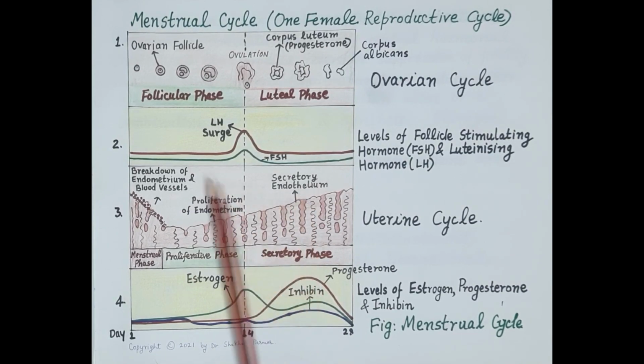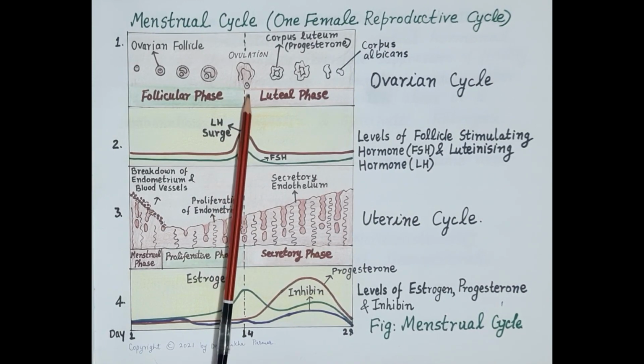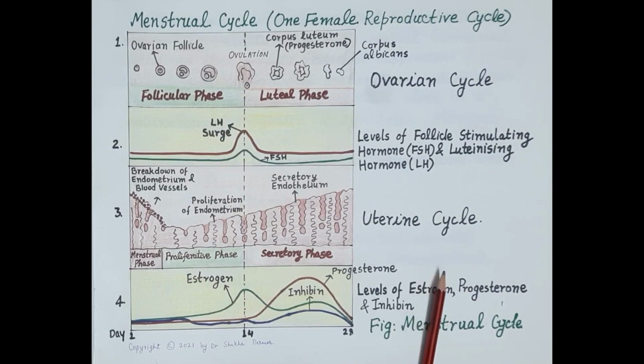Apart from this, as we have already discussed, follicle stimulating hormone is required for the development of ovarian follicle, whereas luteinizing hormone is primarily responsible for the rupture of ovarian follicle and the release of the mature egg. So now let's further discuss the regulation of secretion of progesterone from the ovary.